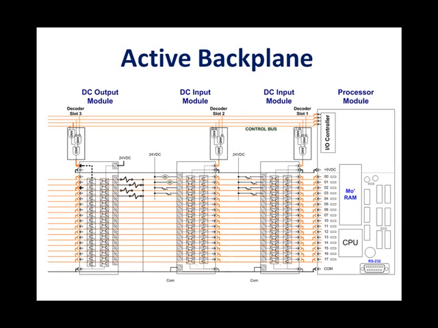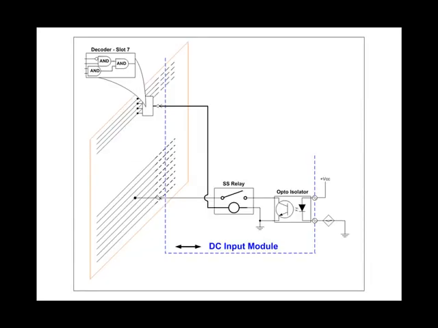Let's take a look at one input a little bit closer. Examine this illustration of a complete input circuit, one of 16, on a circuit card in slot 7 of the I/O chassis, and its relationship to the backplane of the I/O chassis. The backplane in this illustration is purposefully shown with a minimum quantity of conductors in order to simplify the diagram. There are two connections of interest.